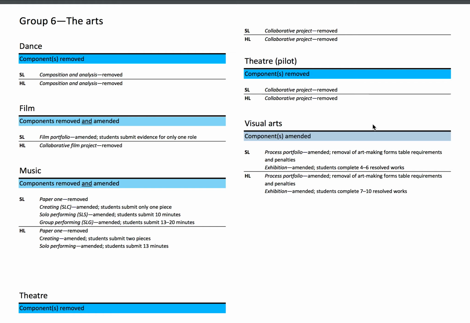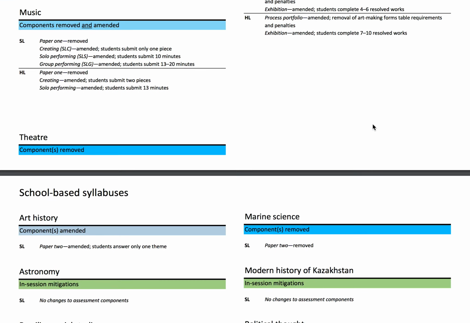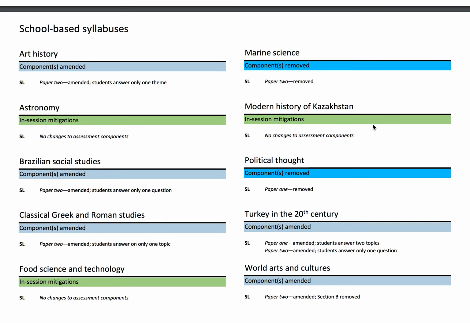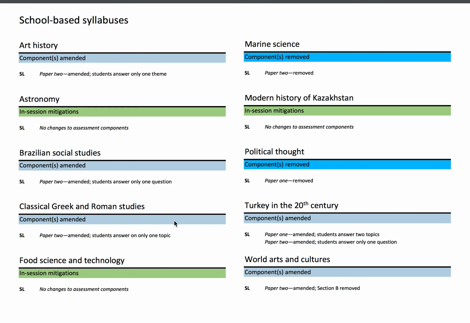And then for music, also look at how much you have to prepare for, because for the creation, they only submit one piece of music that they have to compose. And then for the performance, it should be a bit shorter. The other ones are actually not that common, so we won't focus too much on this.